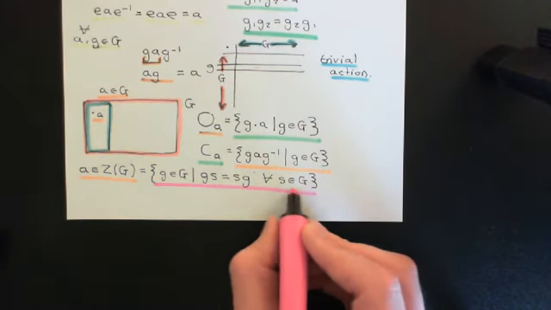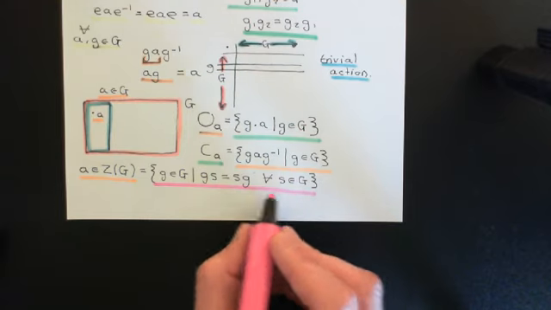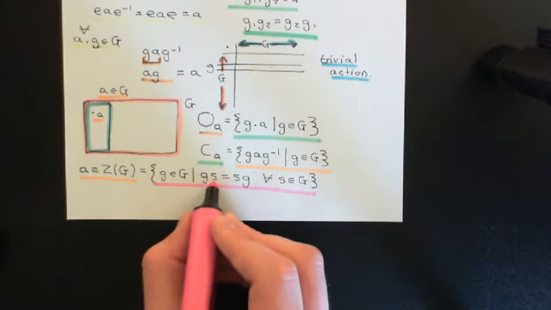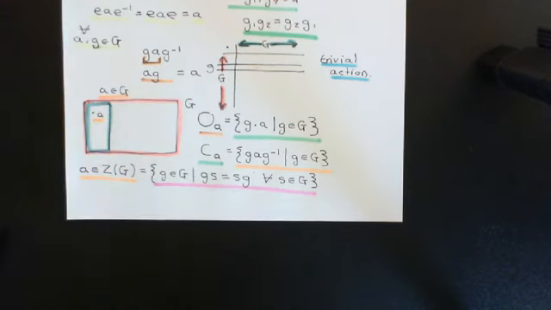So no matter what little s is from the group, it must be the case that little g composed with little s is equal to little s composed with little g. Okay, so to be in the centre, you have to commute with all other elements of the group.